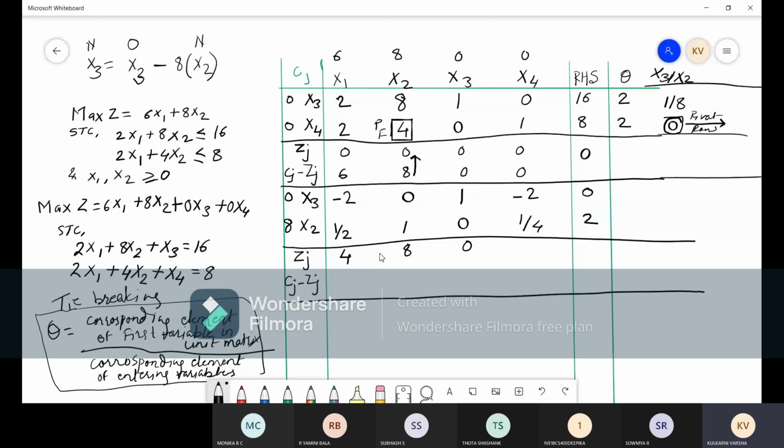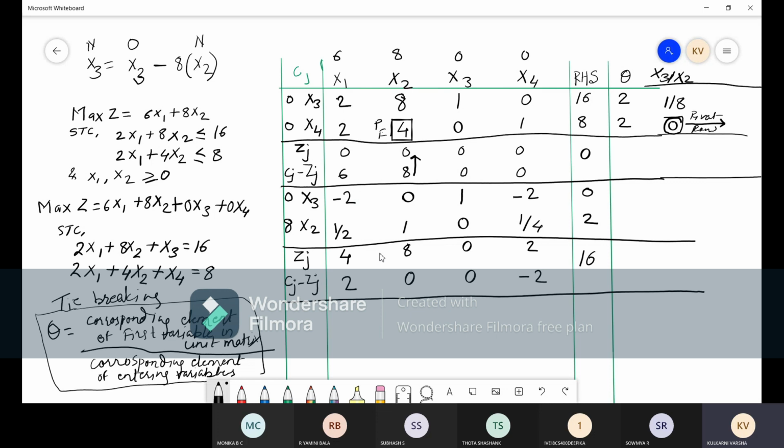This will be 0, this will be 2, and this will be 16, right? Now Cj minus Zj, where Cj is nothing but these values: 6 minus 4, 2. 8 minus 8, 0. 0 minus 0, 0. 0 minus 2, minus 2. So we got Cj minus Zj.